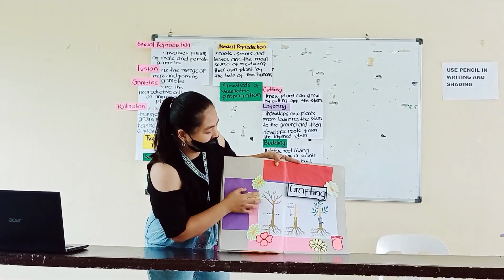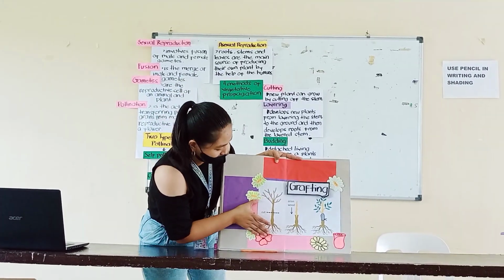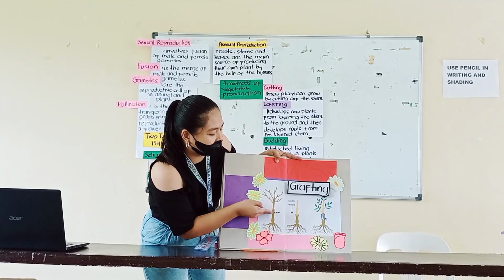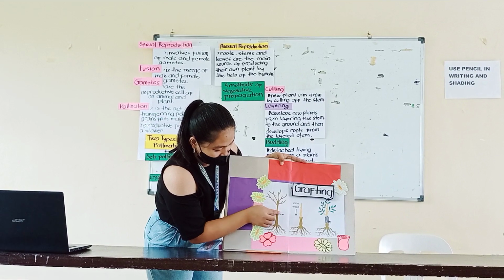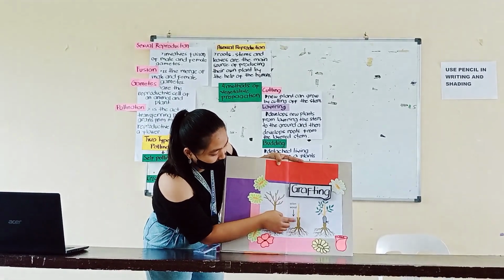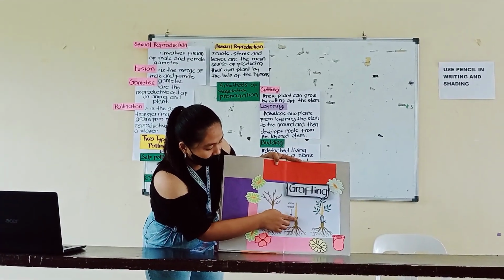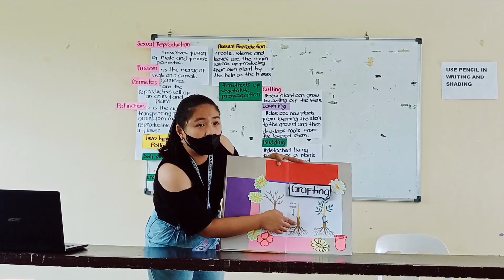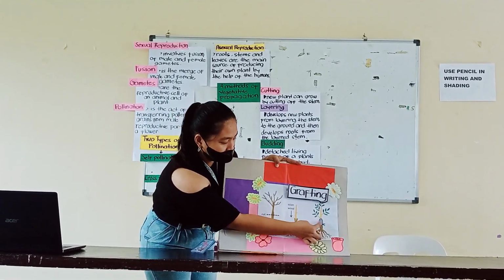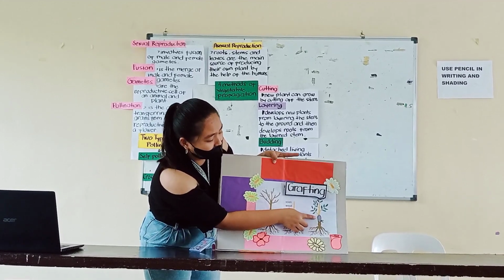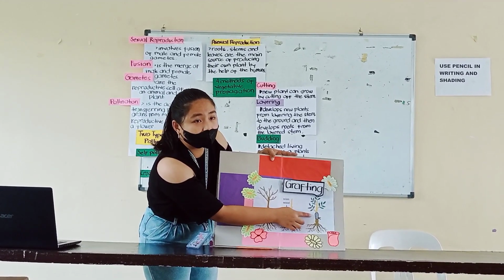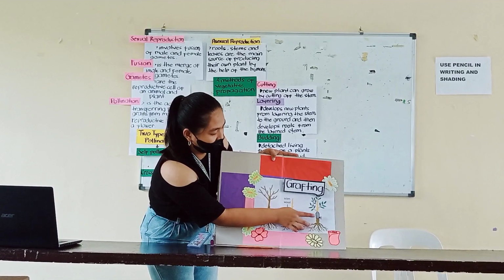Say for example, this is the tree. When you cut this tree, you place here the cut stem, and then they will produce another tree, another plant.